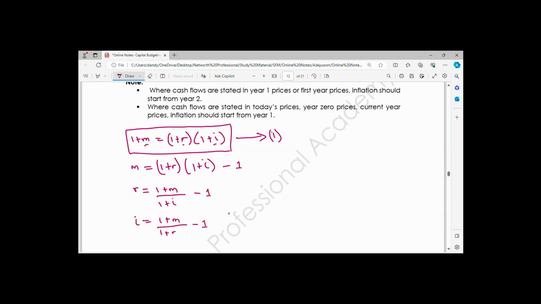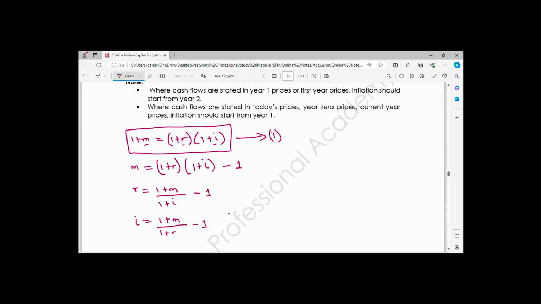More importantly, number 1, when cash flows are stated in first year prices or year 1 prices, inflation should start from year 2.